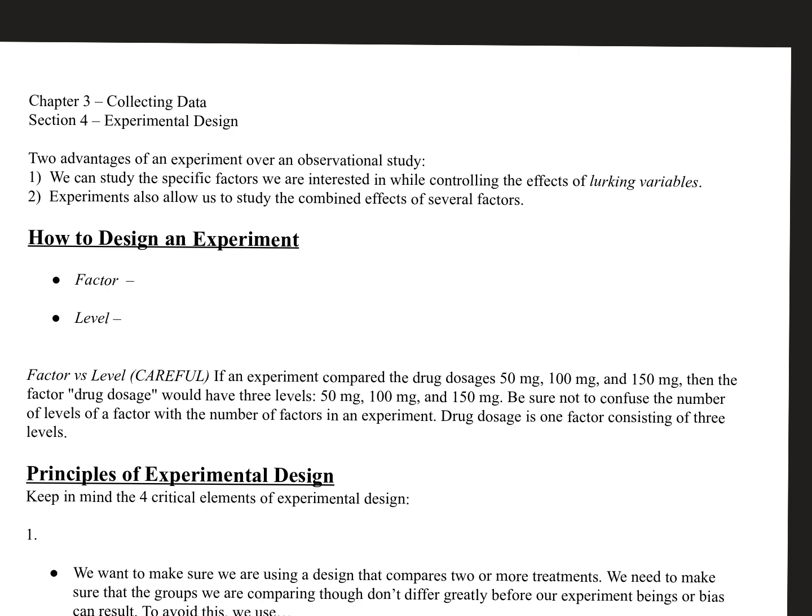So when we're designing an experiment, it's important that you have two things. You have to have a factor and then you have to have a level. So in an experiment, the factor is your explanatory variable in an experiment.